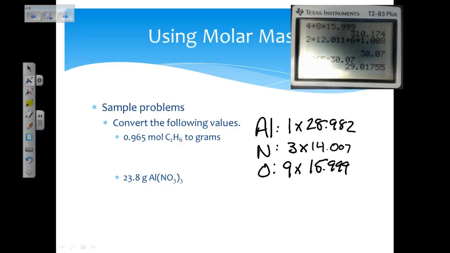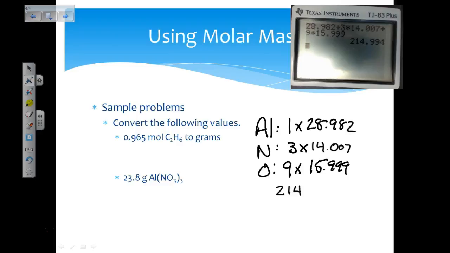So 28.982 plus 3 times 14.007 plus 9 times 15.999. Do that, and we get a mass of 214.994 grams per mole. Notice I'm reporting that out to as many sig figs as I can get.